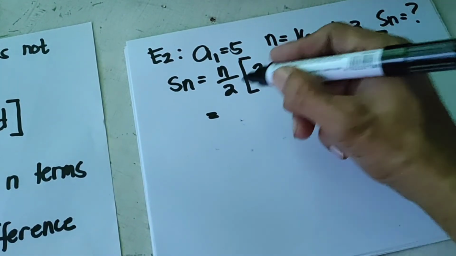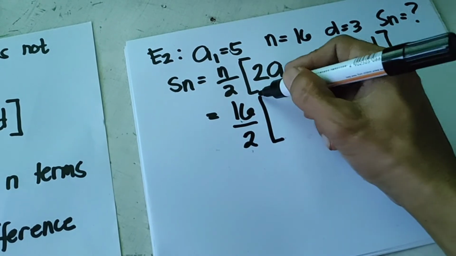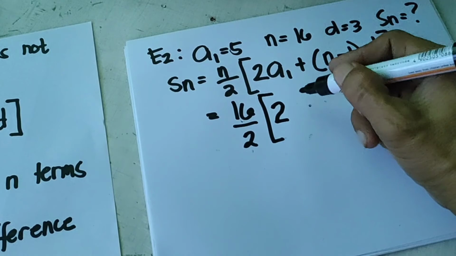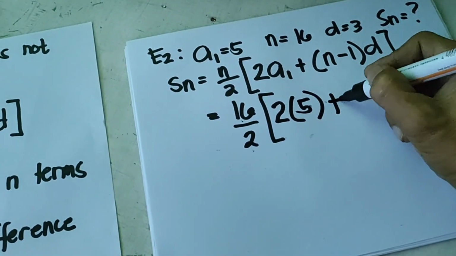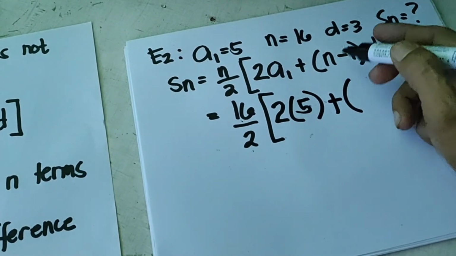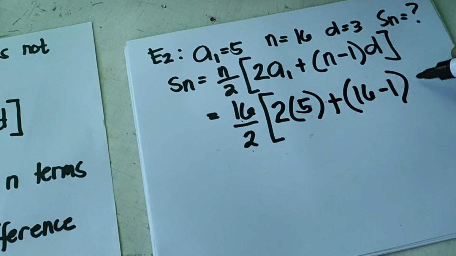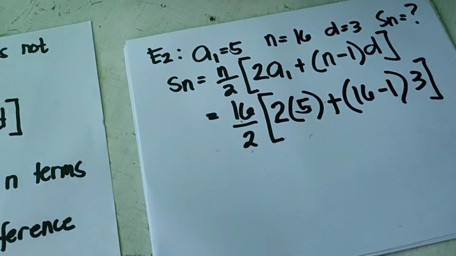Okay, so n is 16 over 2 times the quantity. This is constant, so you are going to write 2. Then the value of a1, this is multiplied by 5, plus the value of n, that is 16, minus 1. 1 is constant. Then multiplied by the difference of 3.